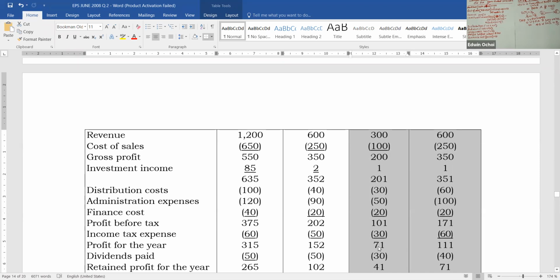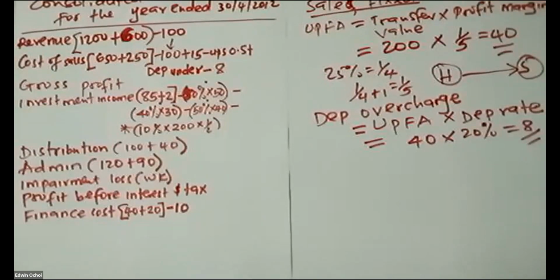From the 71, the parent will receive 40% of that amount. Then from 111, he will requisition 50%. Because now that will be his income after these entities have paid their tax.